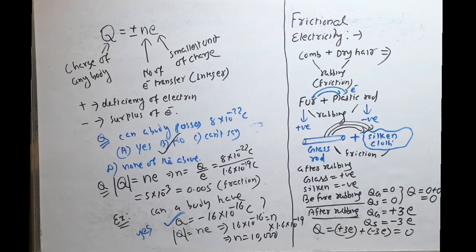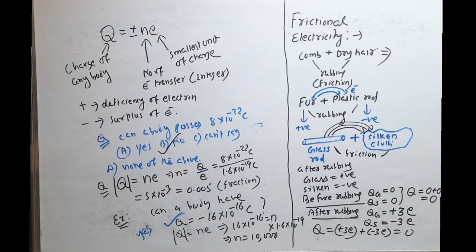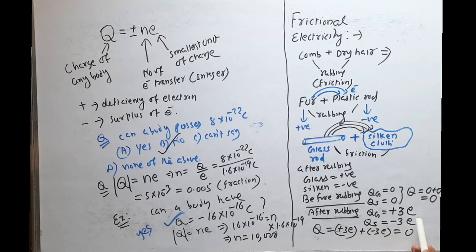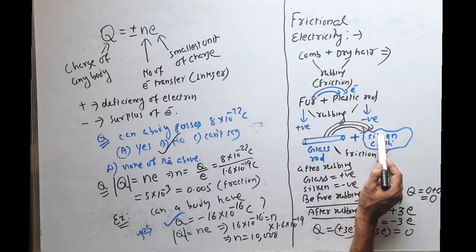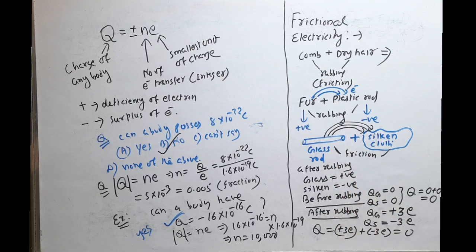That means before rubbing, the total charge of the system is 0, and after rubbing, the total charge of the system is also 0. So what is the conclusion? This property is called conservation of charge. Conservation of charge means charge can neither be created nor be destroyed, but can only transfer from one body to another.